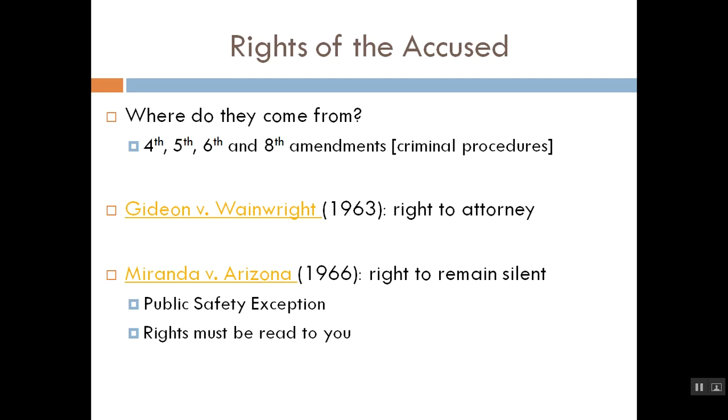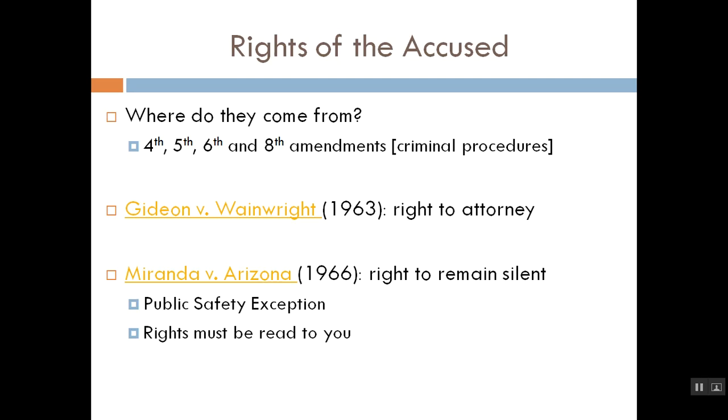So Miranda versus Arizona requires that you read suspects their rights and applies the exclusionary rule to the Fifth Amendment right to remain silent. By the way, that right to remain silent is the same thing as your freedom from self-incrimination. Finally, in 1963, what we're going to find is that Gideon versus Wainwright is going to apply the exclusionary rule to evidence gathered in violation of your Sixth Amendment right to an attorney.